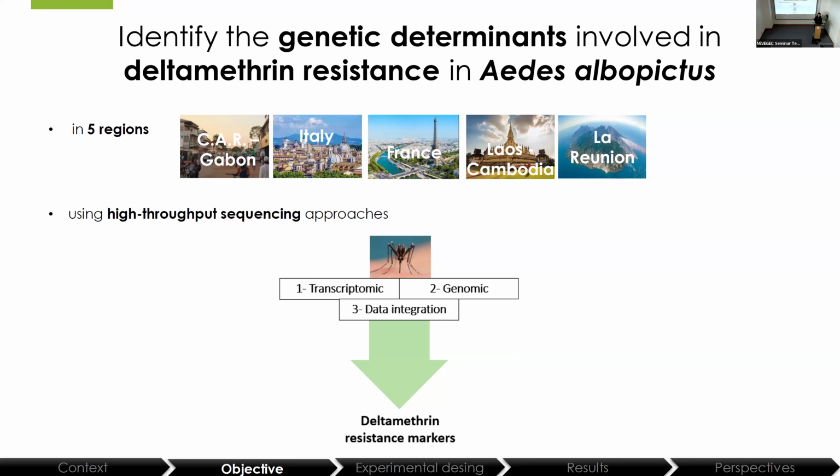And for that, I used high-throughput sequencing approaches, and I combined transcriptomic and genomic data to find deltamethrin resistance markers in this mosquito.